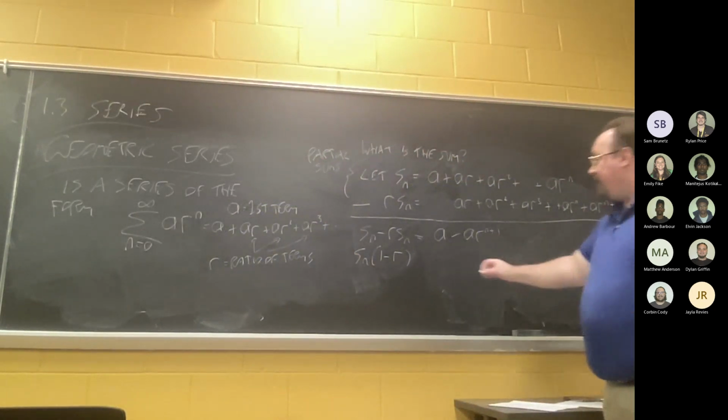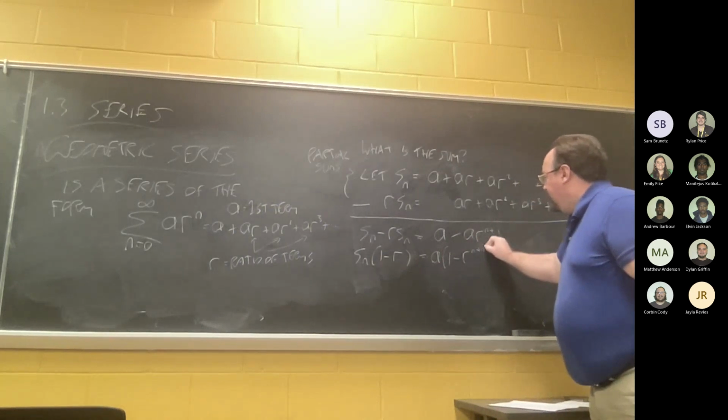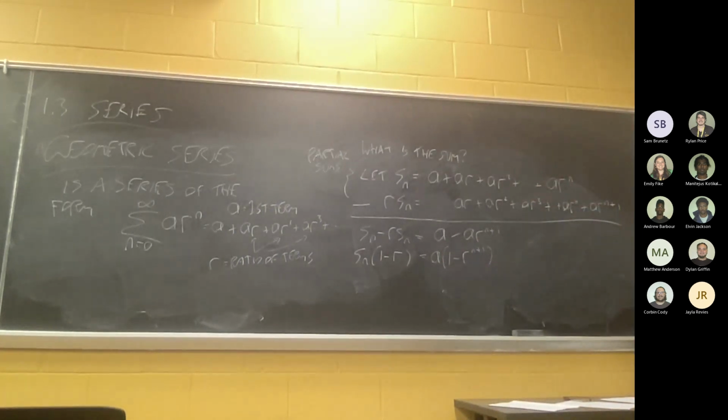And on the right side, I can factor out A. So now I have a formula. Assuming R is not equal to 1, Sn is equal to A times 1 minus R to the n plus 1, over 1 minus R.